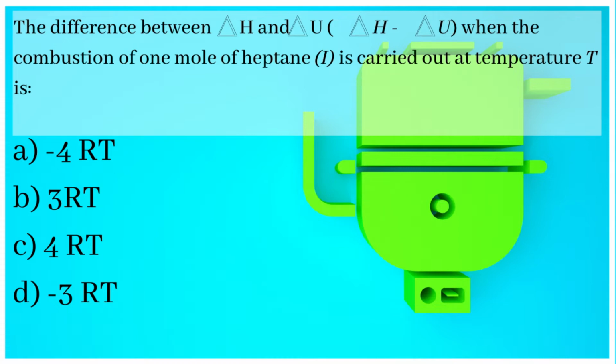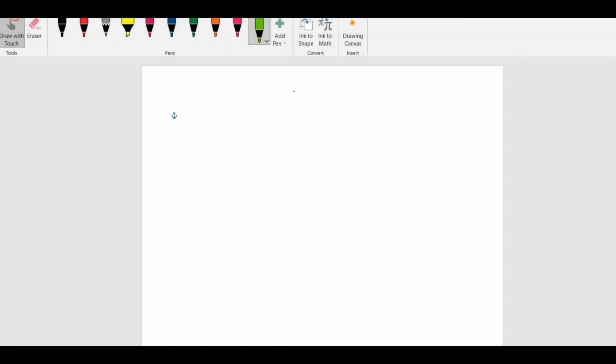First things first, this difference of delta H and delta U has a formula that I will write down, which you should know for your exams, and it is very important. There are two formulas basically.